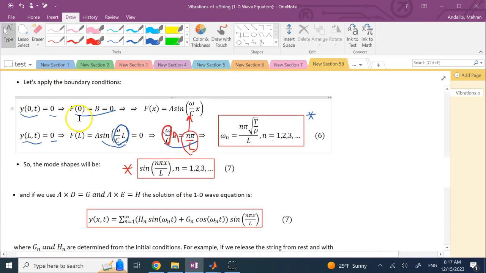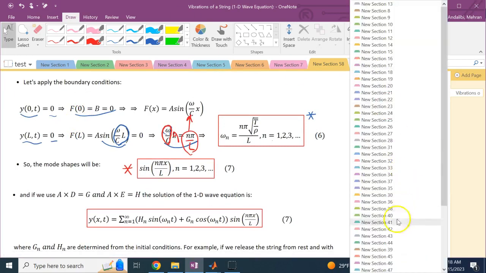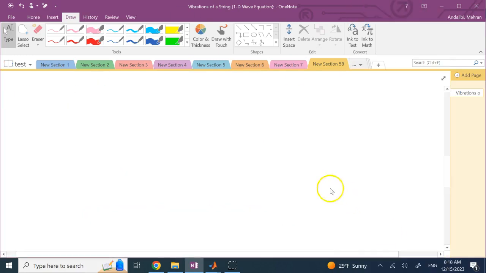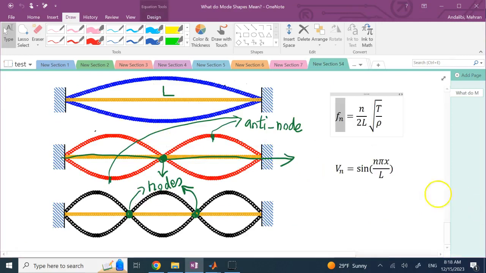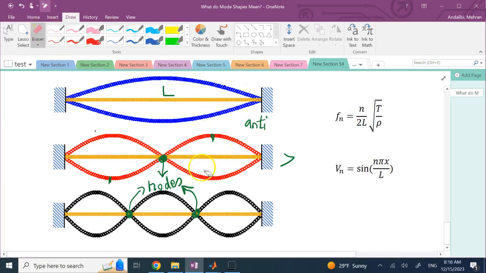So the mode shapes are like the one I showed you in one of my previous videos. I guess it was this one. Remember? This was the mode shape, and this formula I showed you was frequency in hertz, not in radians per second. Here I showed you the one for radians per second.